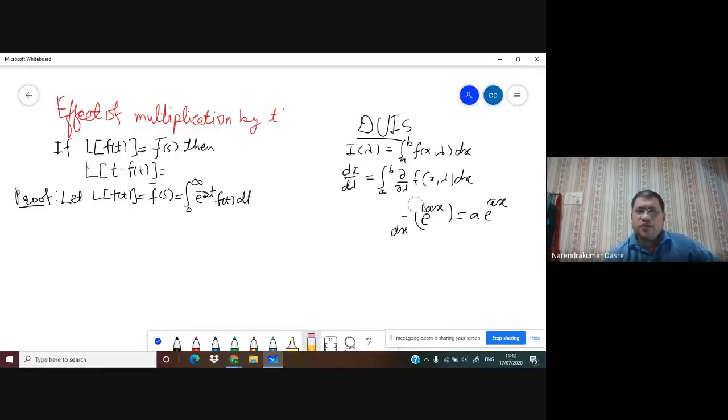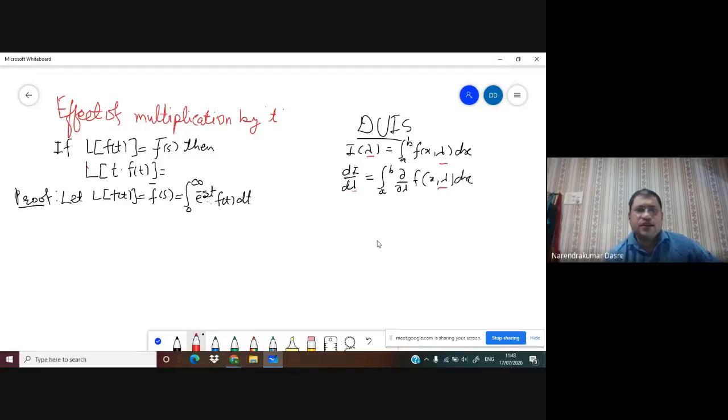Now, if I am able to use this differentiation under integral sign, so here I need to identify what is going to be the parameter. So here lambda is my parameter, and we have seen the definition. So in the definition we have seen that s is nothing but the frequency parameter.